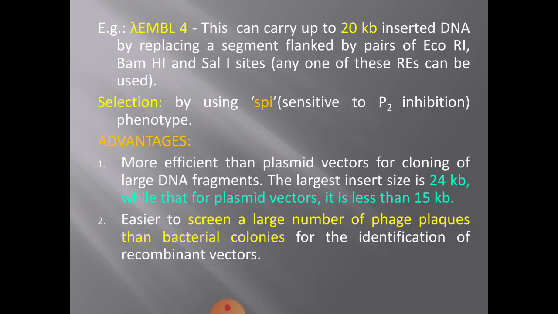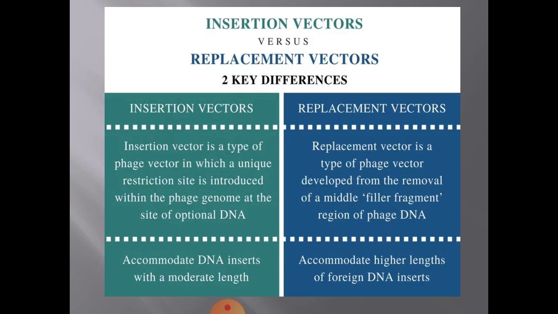Now, this is about phage vectors. Here I have given a table which tells you the differences between insertion vectors and replacement vectors. Two key differences are: an insertion vector is a type of phage vector in which a unique restriction site is introduced within the phage genome at the site of optional DNA.